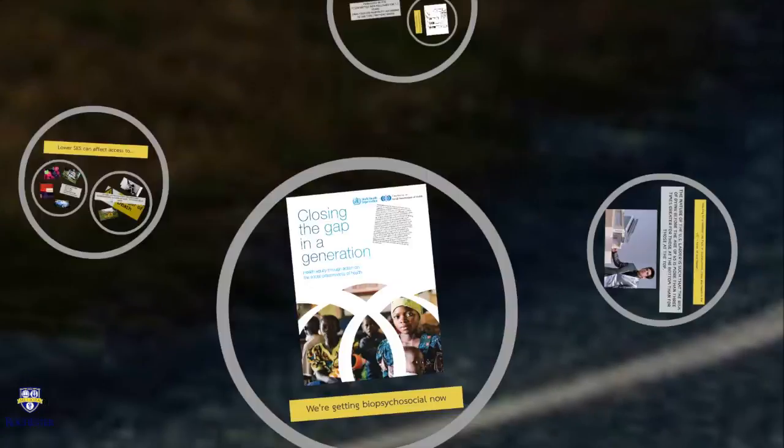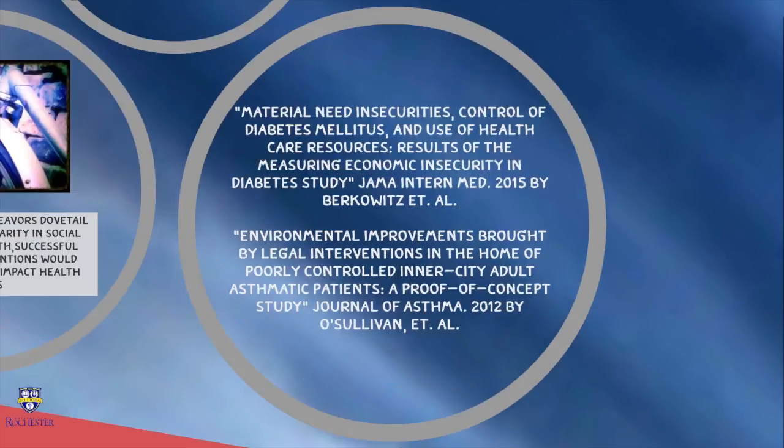And with that, I invite you to take a look at 2 articles that will help us look further into epidemiological research investigating the impact of social determinants on particular patient health outcomes. The first, Material Need Insecurities, Control of Diabetes Mellitus, and the Use of Healthcare Resources, looks at the impact of a few specific need access issues that patients face and how those can impact their control of type 2 diabetes.